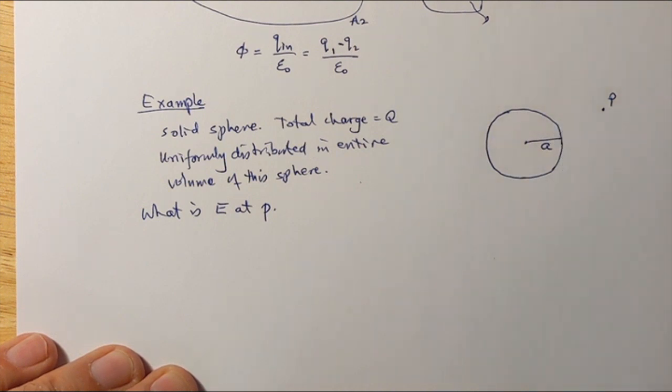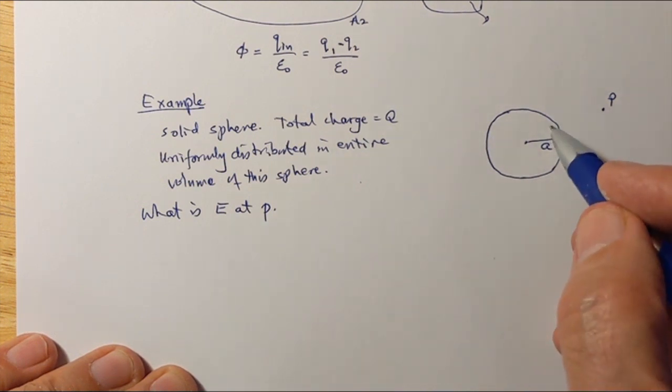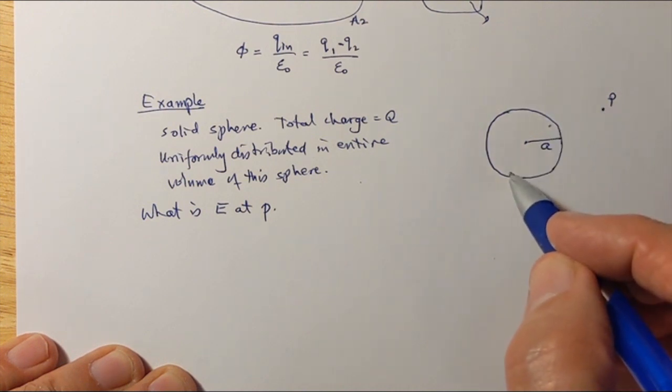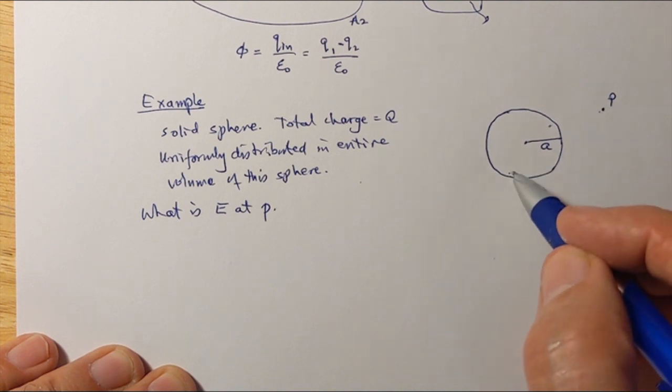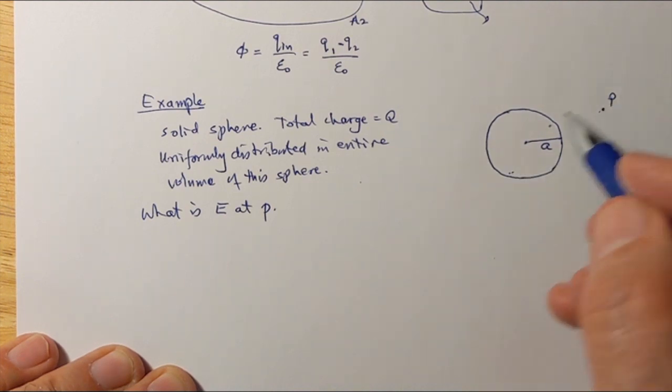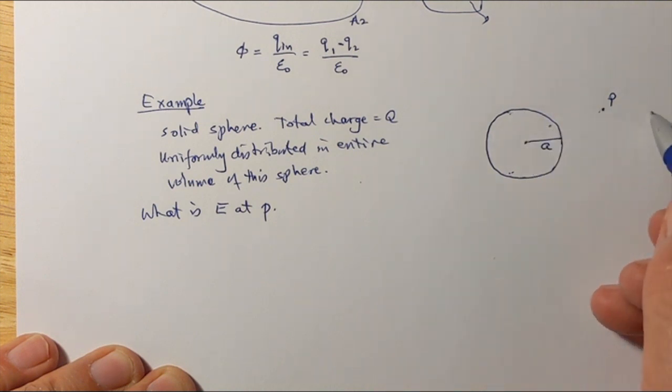Now, some points which are closer to P will have a greater effect on the electric field here. Those points which are further away will have a smaller effect. Those points which are here will push the electric field this way, and those points which are here will try to push the electric field this way. So what is the net direction of the electric field, and what is its net value?